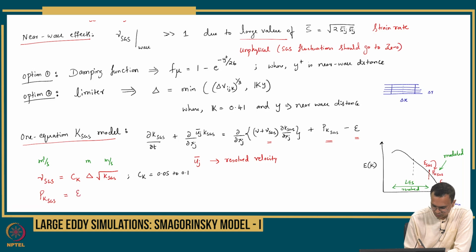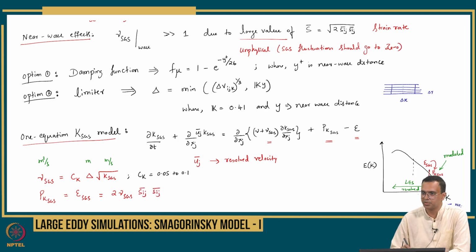So P_kSGS is set equal to epsilon_SGS, and epsilon_SGS can come easily from the resolved data, as I said. That means I can use 2 ν_SGS and the resolved strain rates S_ij bar. This is not the same as epsilon, because epsilon had ν as well as S_ij prime, with the overbar implying ensemble averaging.